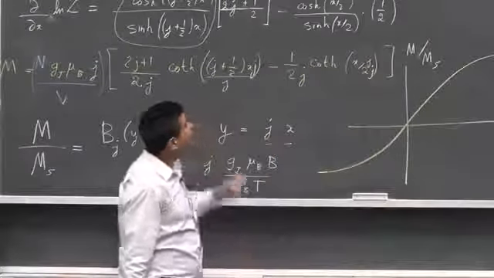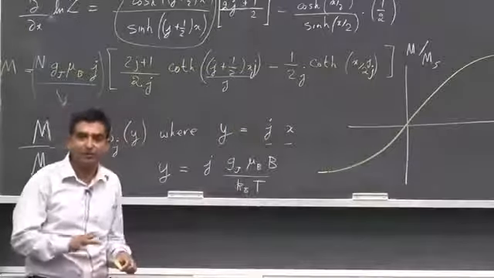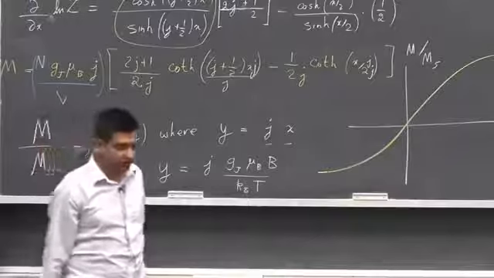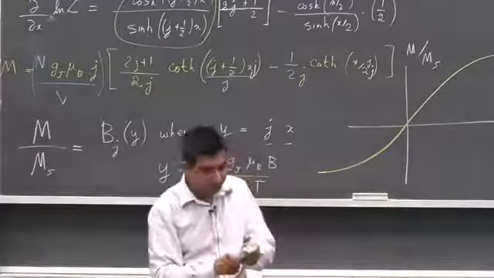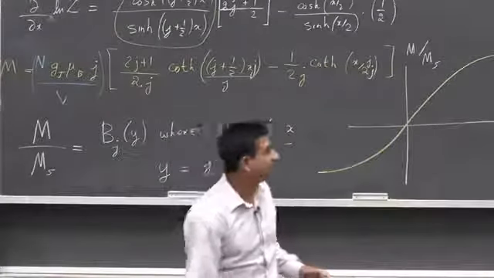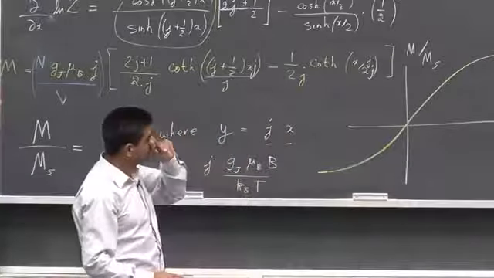Okay, we would like to plot the Brillouin function on top of this function, so that we can compare how a spin half system does with a spin J system. So for that, let's resort to a mathematical program so that we can plot this function.